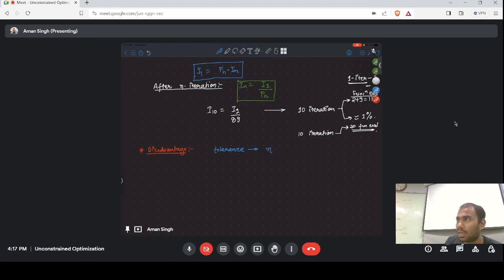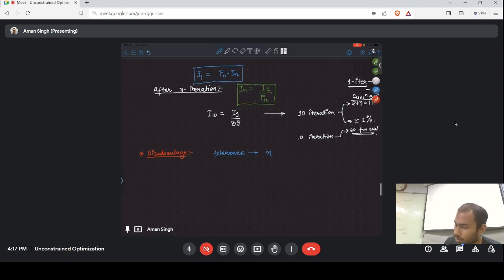Basically, n means the nth, because we want to know the nth Fibonacci term. So we have to find the nth term to use this algorithm. We'll see in the example what I mean by knowing n here. So that's the disadvantage, that we should know n beforehand.